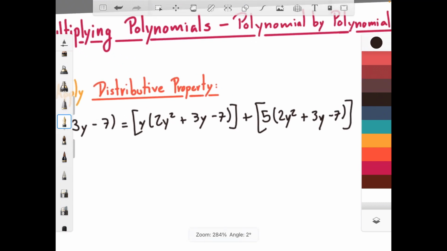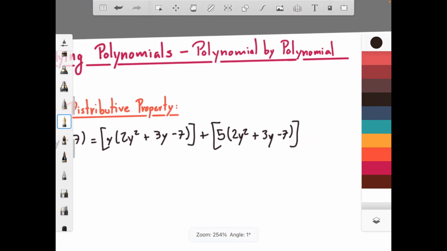Sorry, I made that a bit small. Okay, and now that we have these, we just have to distribute each one, right? So we're going to start with y squared.